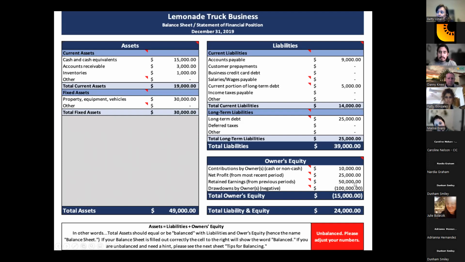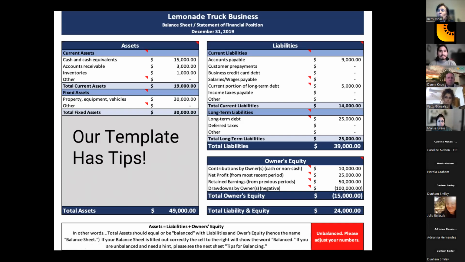To get to that positive 10, we're off by $25,000. So it could be that you calculated your retained earnings wrong, or you've listed the draw wrong. So that is what you're doing. It's a little tedious, and this usually only happens when you are working in either a paper or Excel.